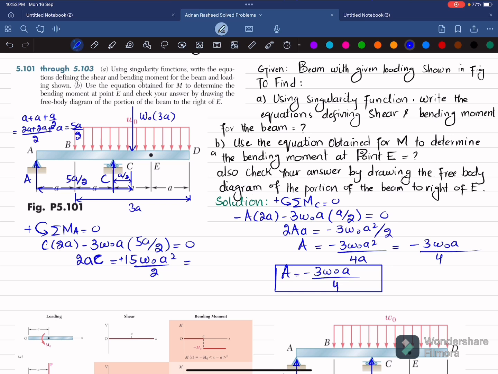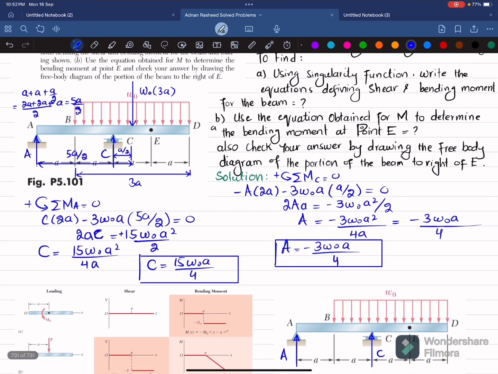So from this we will get C is equal to 15 W naught A square over 4A, and A will cut and we will be left with this one. So this is the reaction force offered by the roller support on this beam.